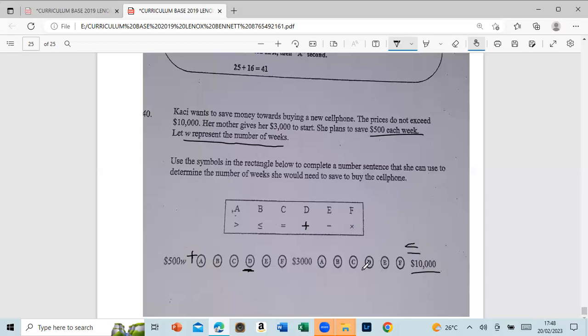So that will be D on the side. Alright, so it is 500 w plus the 3,000, and it should not exceed 10,000. It can be less than or equal to 10,000. It cannot be greater than 10,000. And that will determine the number of weeks. Remember, so this is a plus, guys.